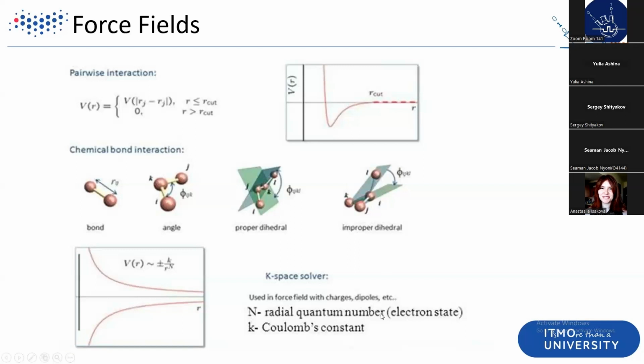So what kind of force fields do we have? We have different force fields. The types of force fields can be for proteins, like FF90SB. Sometimes we are using force fields not only for proteins but also for DNA, like OL21, for RNA, OL3, and for carbohydrates.